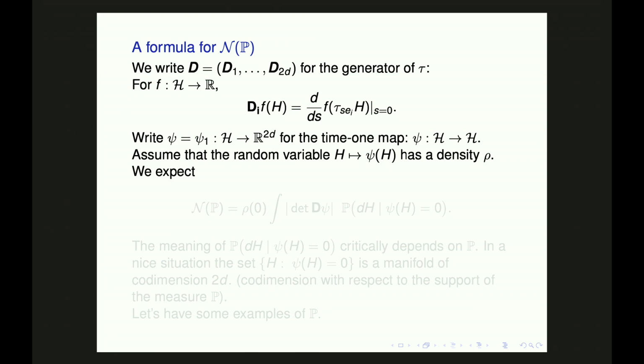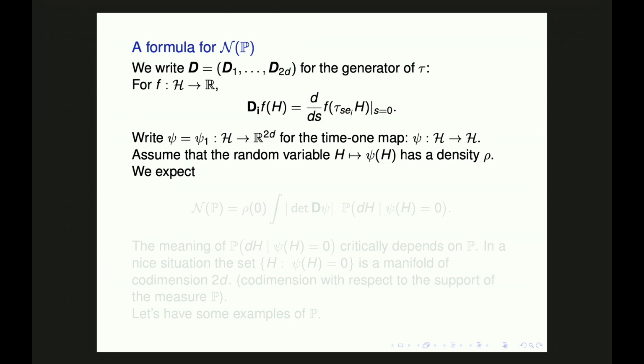And then this psi, remember the psi: what psi does is that, again, you look at the Hamiltonian ODE, you start from 0, and psi says where you land after 1 unit of time. So you start from 0, solve the ODE, and see where you land. Since that depends on the Hamiltonian, you have a function that is defined on H but takes values in R^2D.